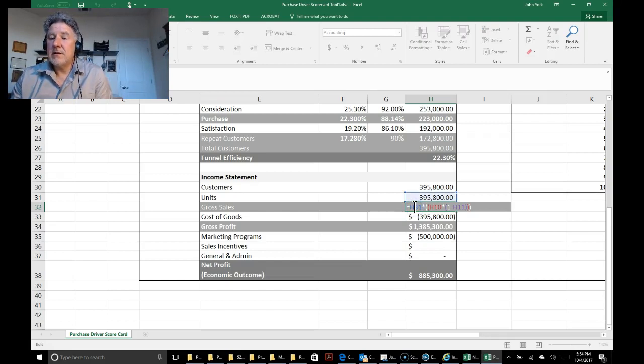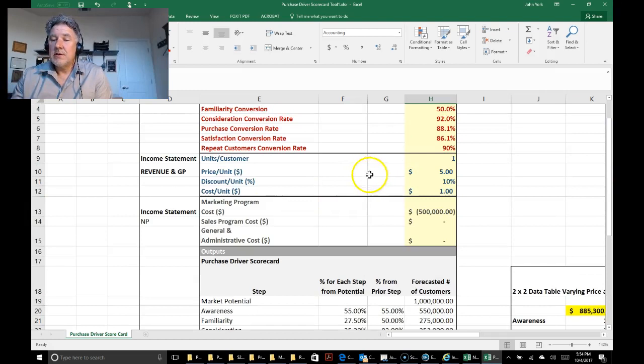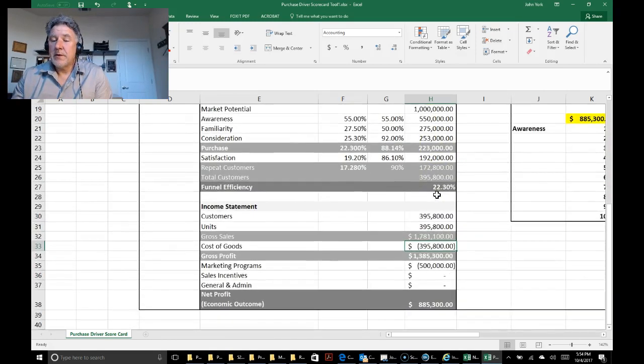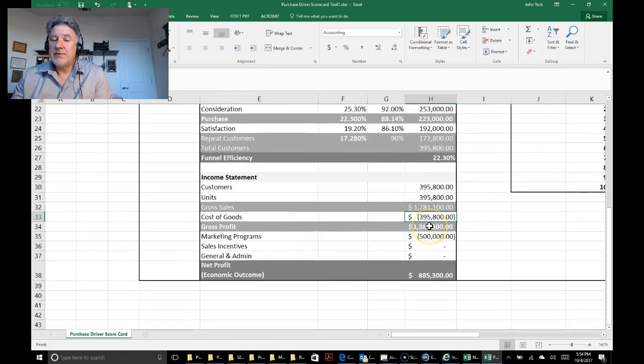All I've done is build an equation that goes to units times price times the net price modification. So if you have a 5% discount, it would be 1 minus 5%, which would give you 0.95. And that would be the net price that you would use to multiply versus units. And then last but not least is your cost of goods, which again is the number of units times the cost per unit. When you sum those two pieces up, it gets you your gross profit.